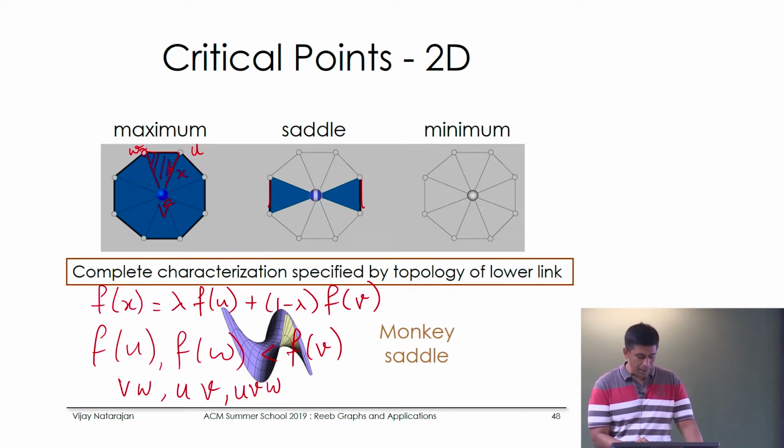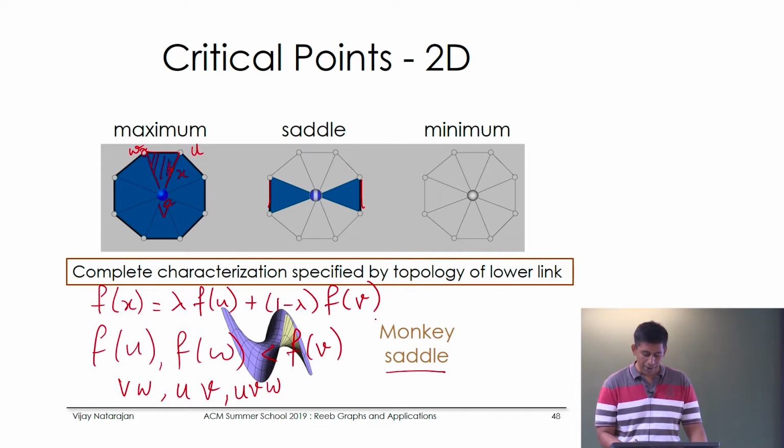A monkey will need one more direction for the tail to go down. So there will be 3 directions in which the function goes below, right. This does not happen for Morse functions. Monkey saddles do not appear in Morse functions, but remember we are piecewise linear function. So it can happen and there is a way to handle it, but let's set that aside now.